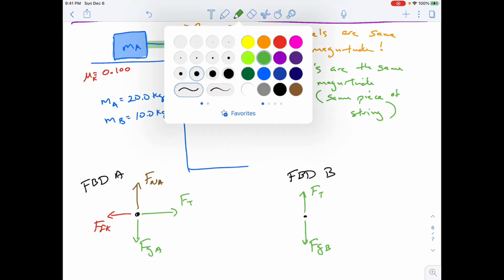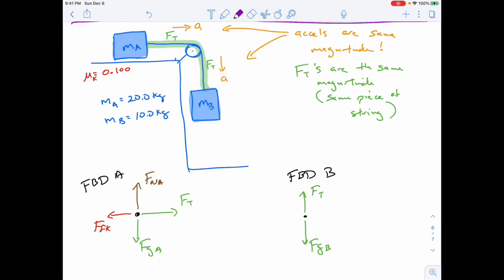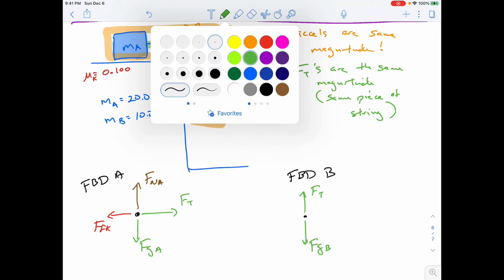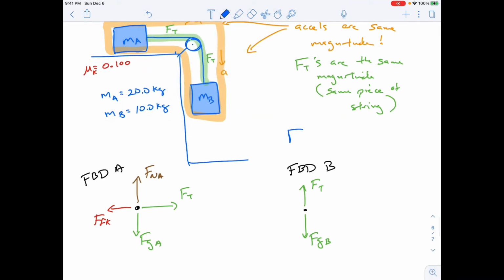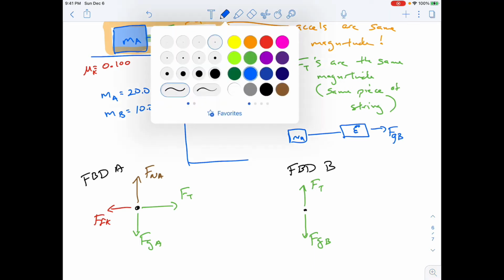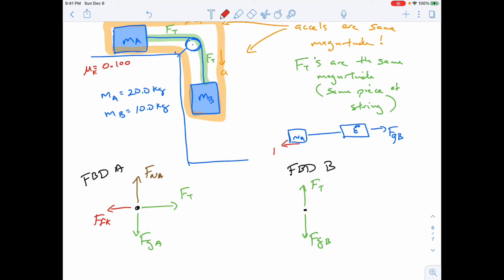Now, what I'm not doing here, which I did in previous problems, is making this all one system. There is a way to do that. There are some physics teachers and some videos where they're going to say, hey, we can take MA and pretend that we can bring MB and straighten it out, and pretend it's being pulled by the gravity of B, and then of course only block A is going to have the friction.